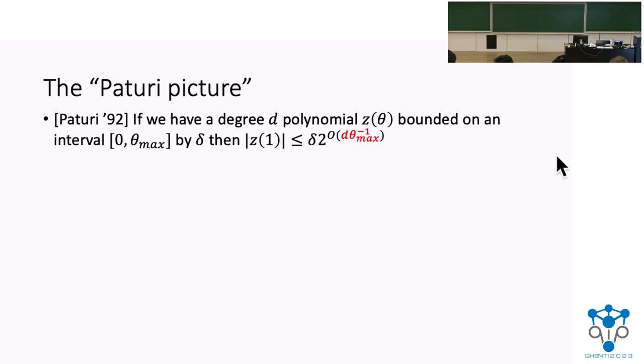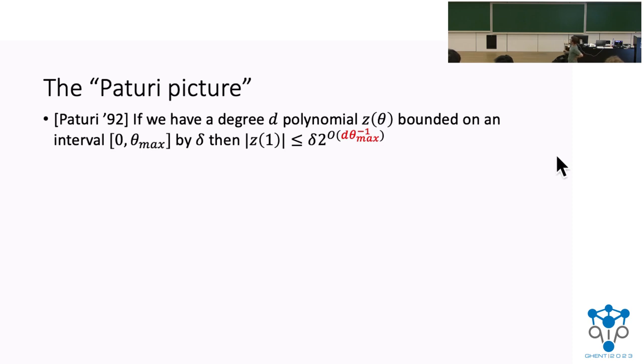So it turns out the answer to this question lies in what we call the Paturi picture, in honor of Paturi, whose 1992 result in approximation theory was really foundational and answers this question directly. It's just a mathematical theorem.